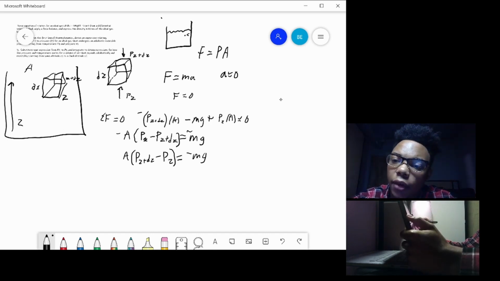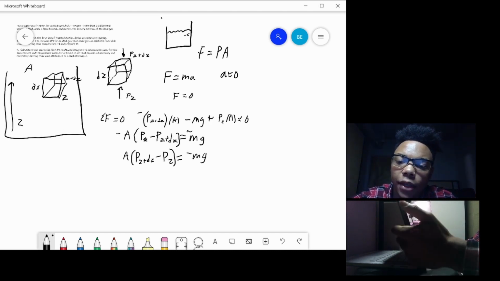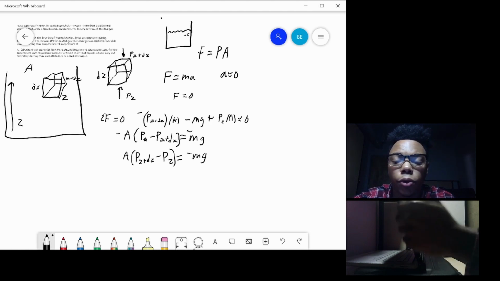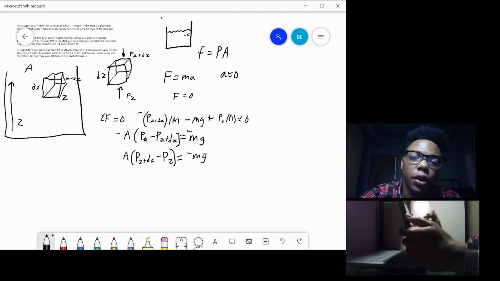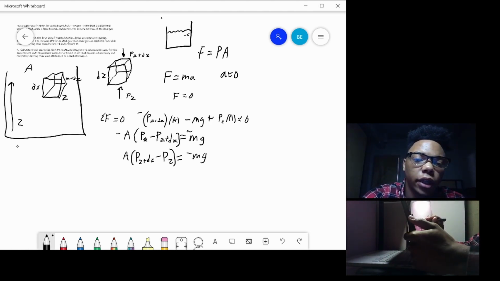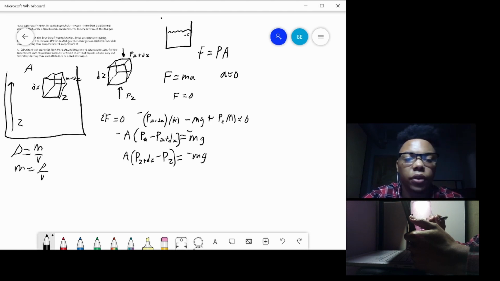So first we're going to have mass times gravity. For this liquid that we have, we know that we're going to have a density, and we know that density is equal to mass over volume. So that means mass is going to be equal to density times the volume, all right?